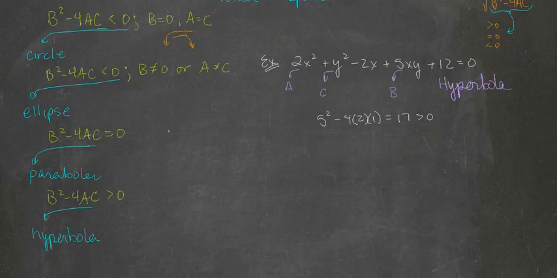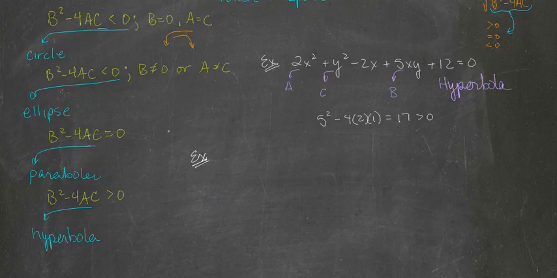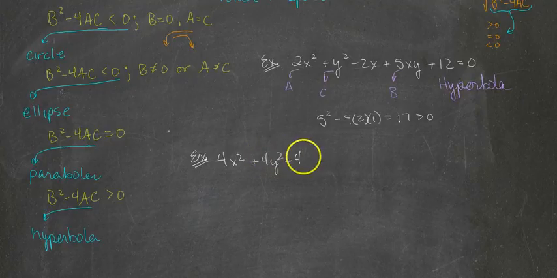So I think one more. Let's say 4x squared plus 4y squared minus 4x plus 8 equals 0.